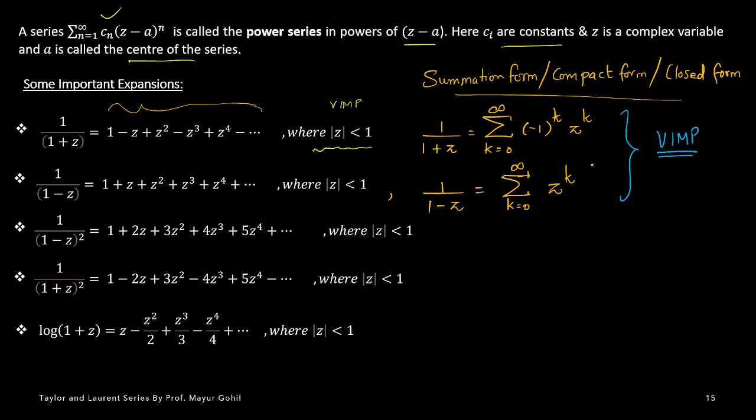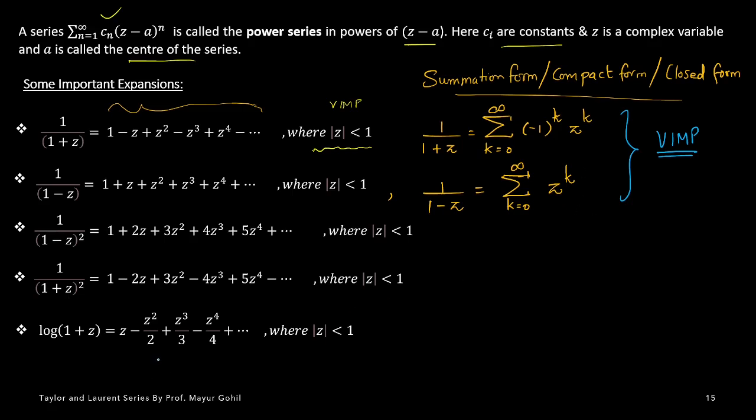The reason I am telling you is that if you are studying engineering, or if you have transforms in your topic, then something called the z transform is very crucial and very in line with Laurent series. So this kind of summation is very often seen there too. That's why this compact form is very crucial.